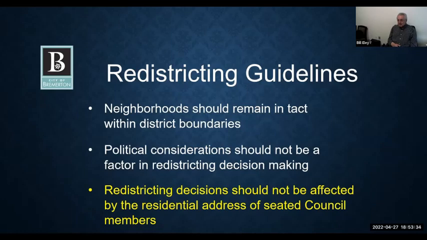It's possible that seated council members could be moved to a different district by the redistricting process. That being the case, the city charter kind of has your back, because if you're moved to a different district, you remain the council representative for the district that elected you until that term expires.